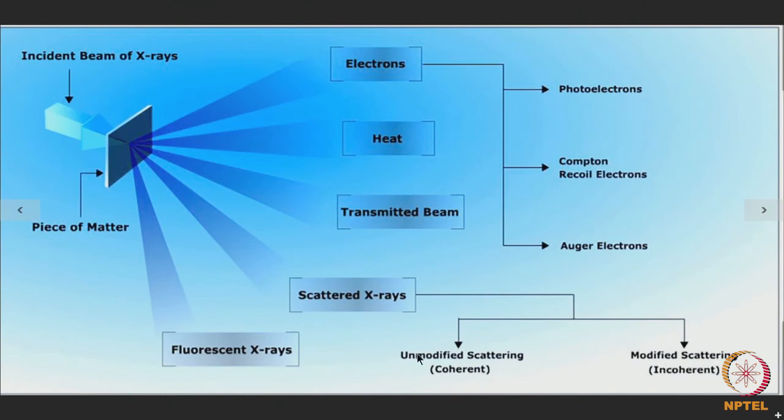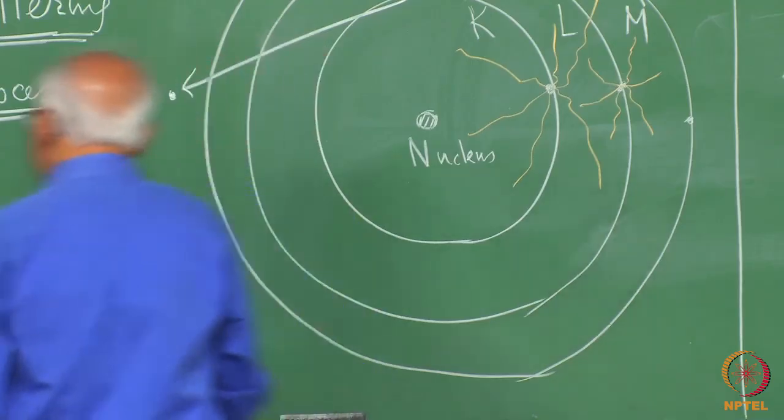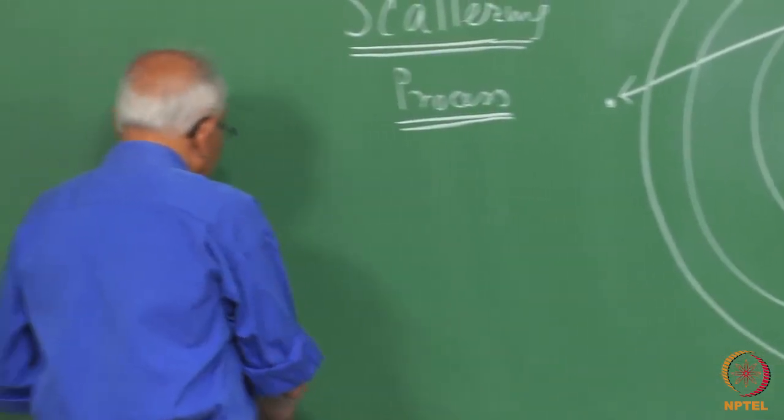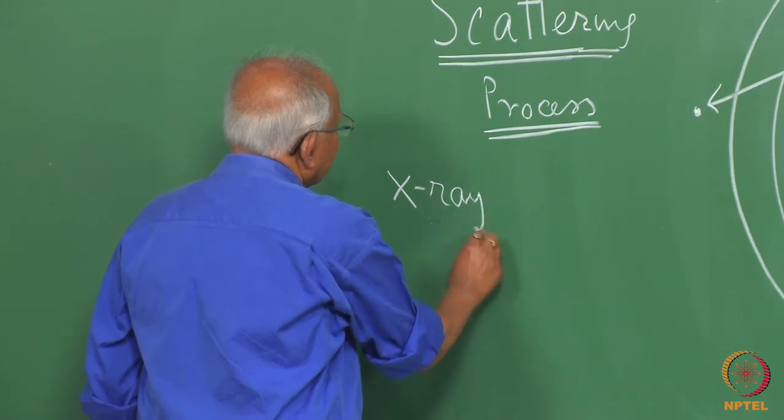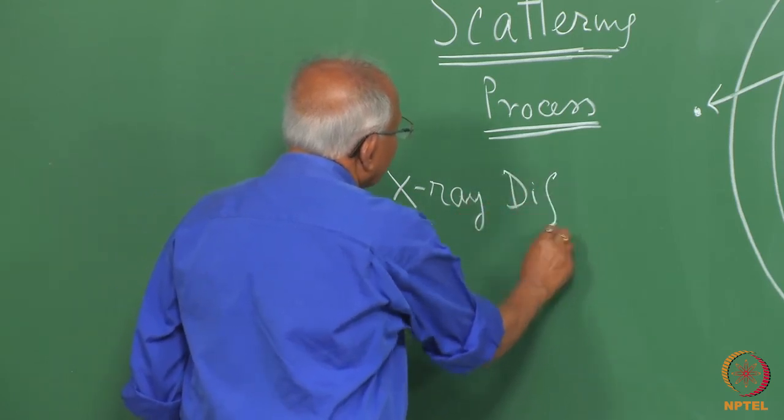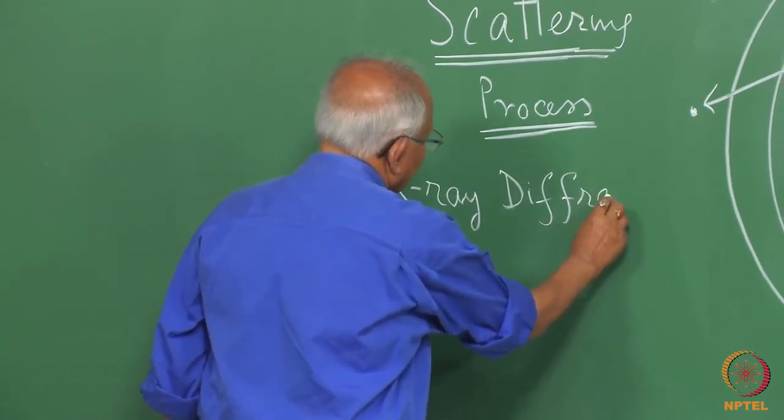Now, this particular type of scattering we will use for what is known as X-ray diffraction, and this is a very important phenomenon using which we can find out the structure of crystals easily.